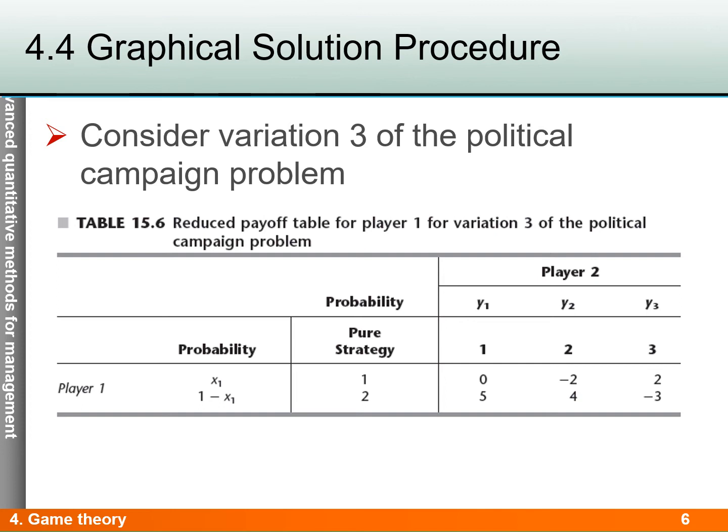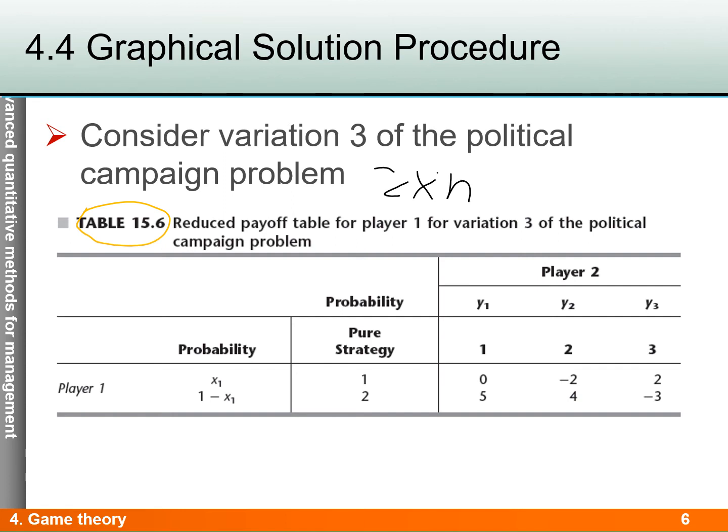Because we wanted to use the graphical solution to reduce to 2 by 2 to have an algebraic solution. So, guys, as you see here, for example, in table 15.6, we have a table 2 multiplied by n.